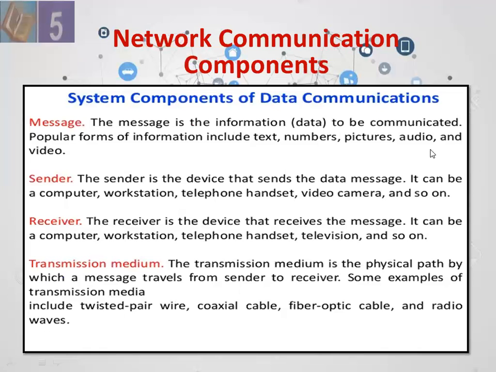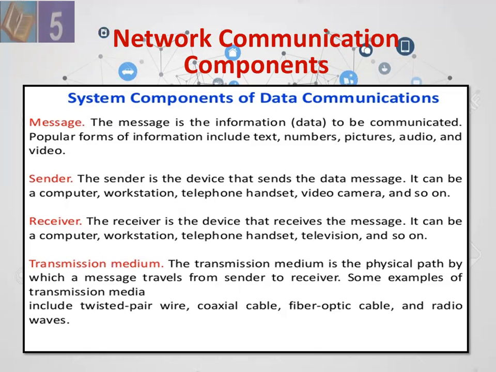System components of data communication or a network communication. Message: the message is the information data to be communicated. Popular forms of information include text, numbers, pictures, audio, and video. Sender is the device that sends the data message. It can be a computer, workstation, telephone handset, video camera, and so on.